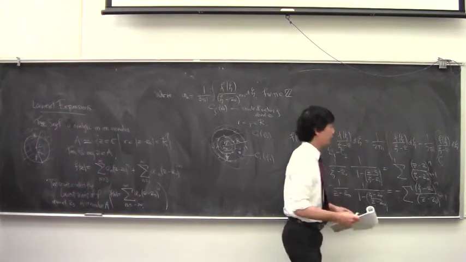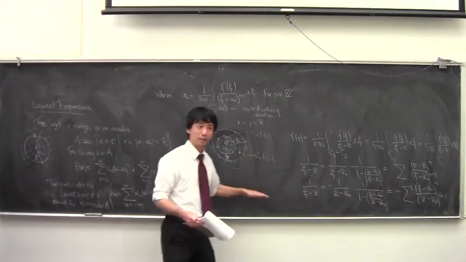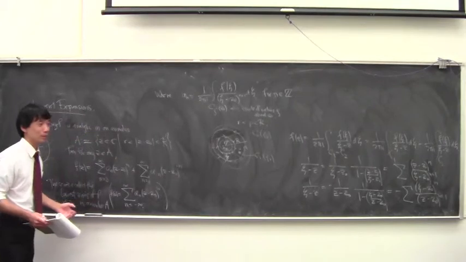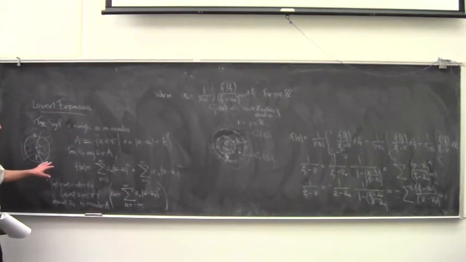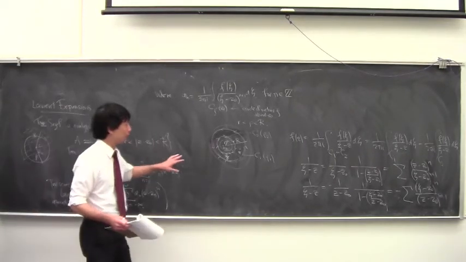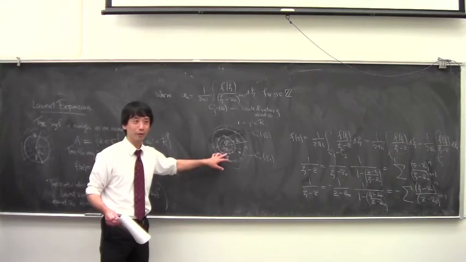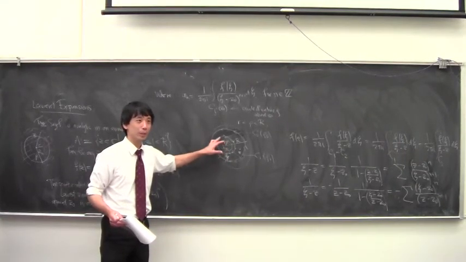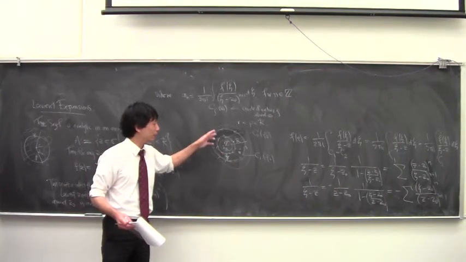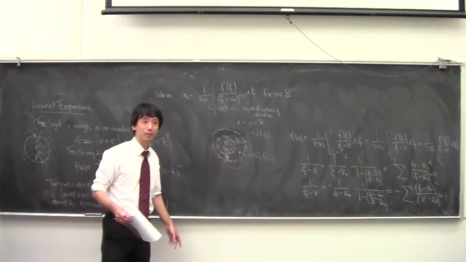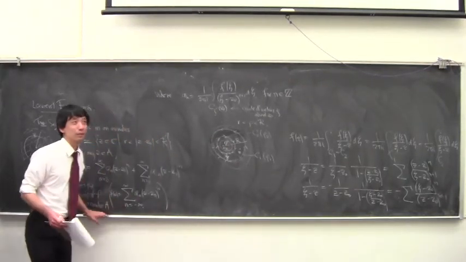And this gives you the negative terms. So it's basically just a good understanding of the proof of Taylor's theorem that gives you Laurent's theorem. Okay, so that's what we'll do next time.